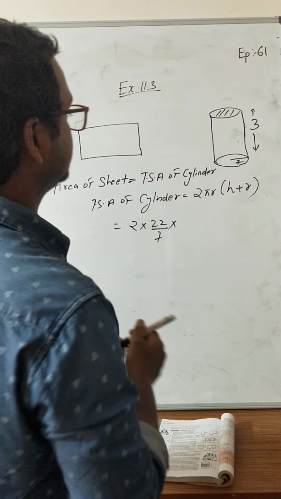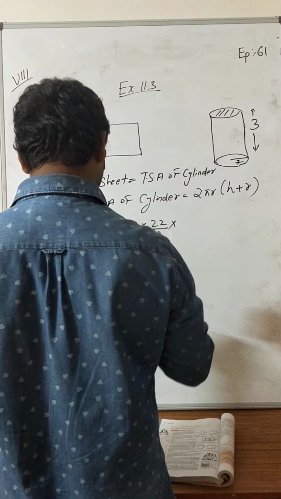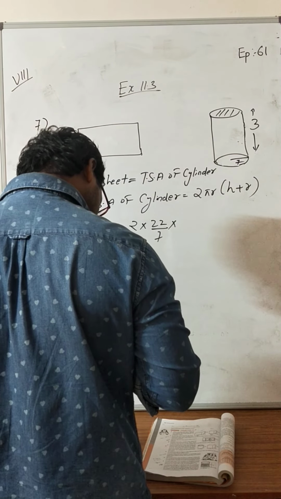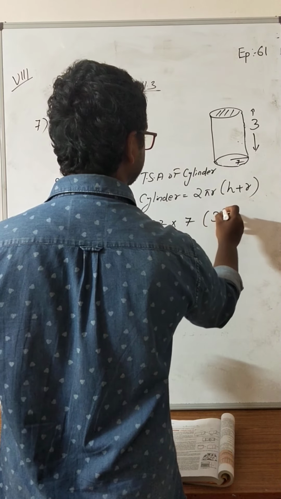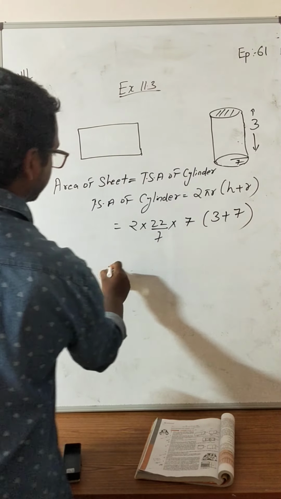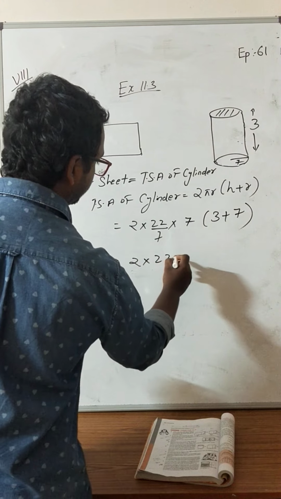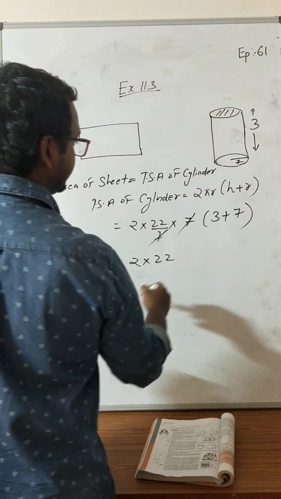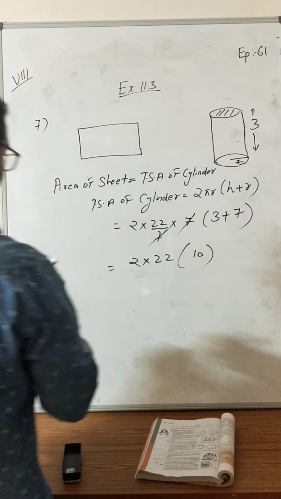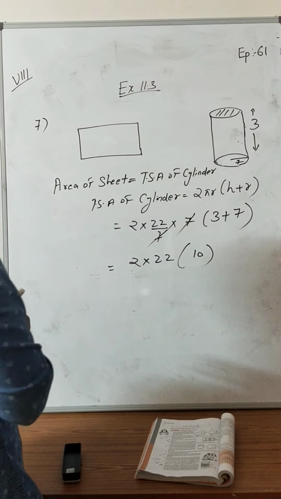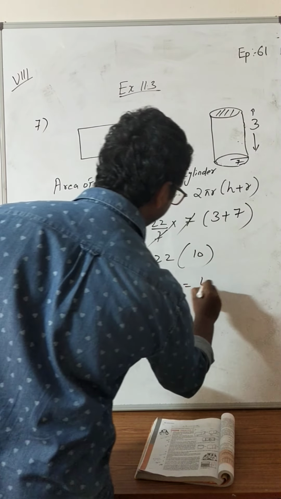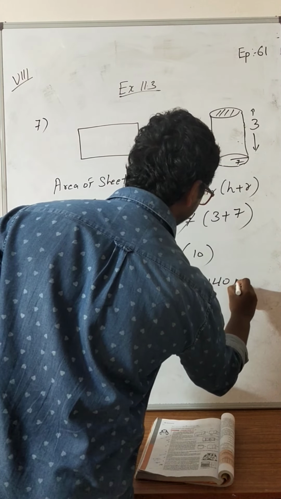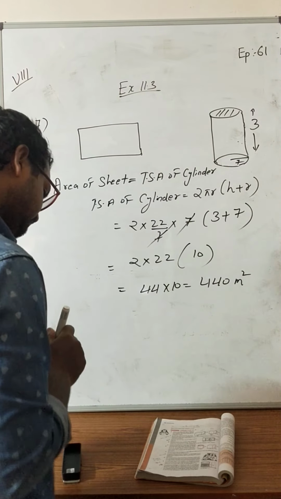So 7 into (3 plus 7). See here, 2 into 22, this 7 and this 7 will get cancelled and here we'll get 10. So 2 into 22 is 44 into 10, which is equal to 440 meters square.